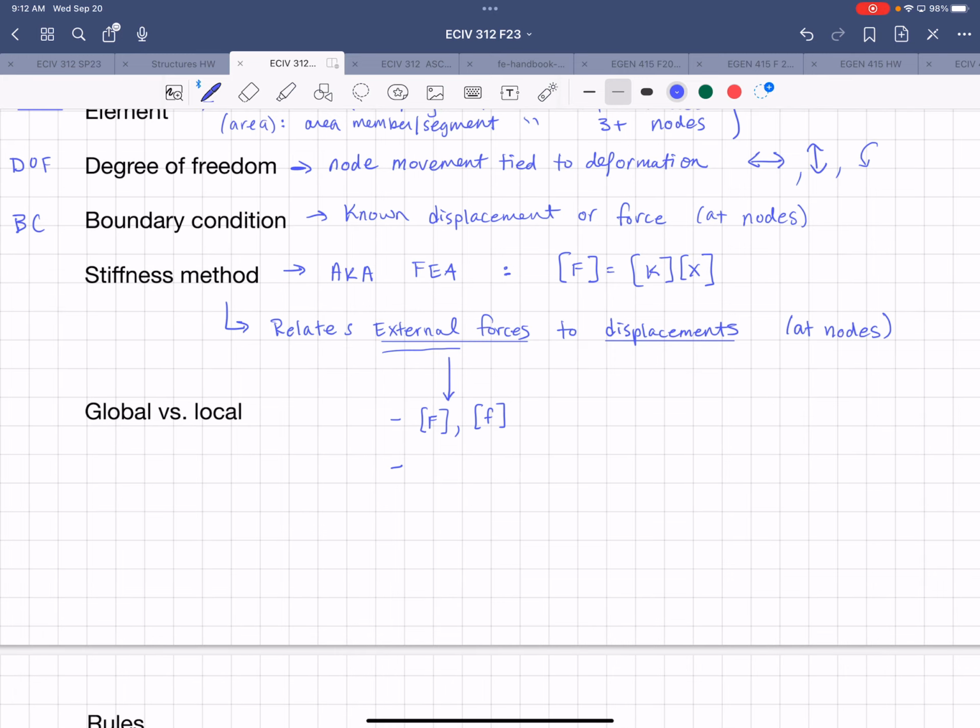And those forces could be reaction forces or applied forces. And also it is understood that when we refer to forces and displacements, we are including moments and rotations in those terms, right? So it's just worth noting.